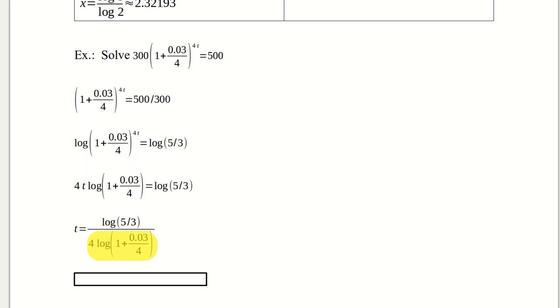That tells your calculator that the 4 is downstairs and the log of 1 plus 0.03 over 4 is also downstairs. But however you put it in your calculator, parentheses or pressing the division sign twice, out will come a number of years. So I'm assuming this is years because it's t, and it looks so much like our formula for compound interest. So about 17 years.